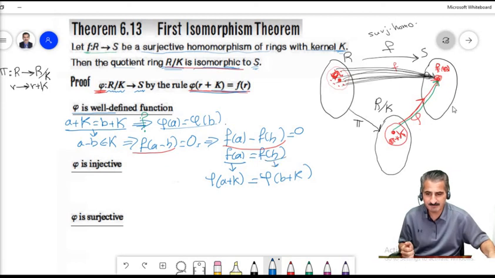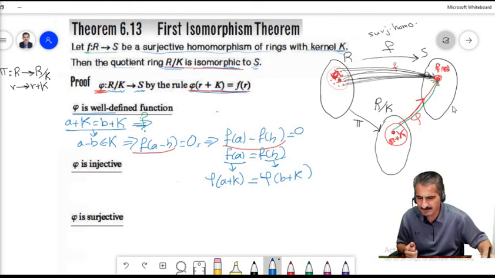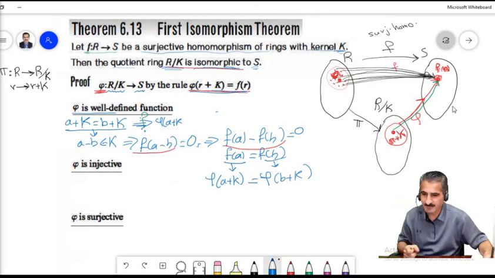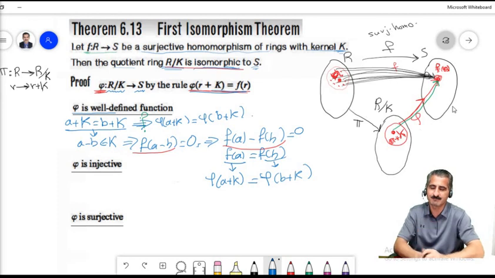What I need to fix here is to write phi of a plus K and phi of b plus K, because the inputs of phi are cosets, not elements. Two equal elements give the same image. So it is well defined.